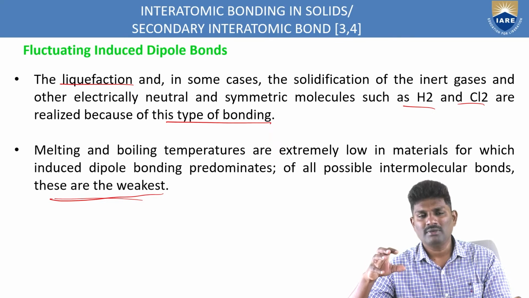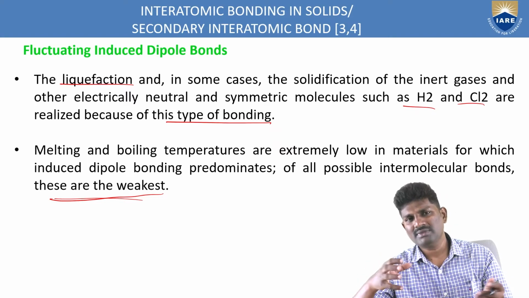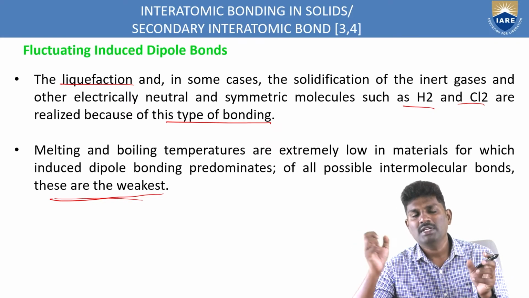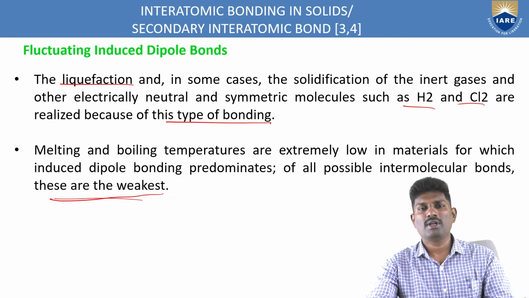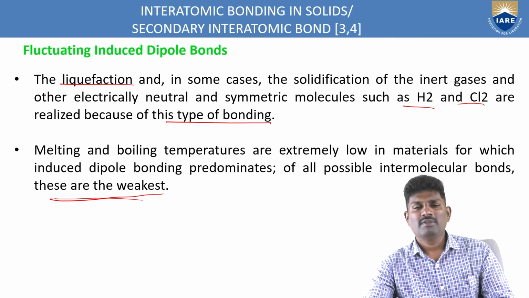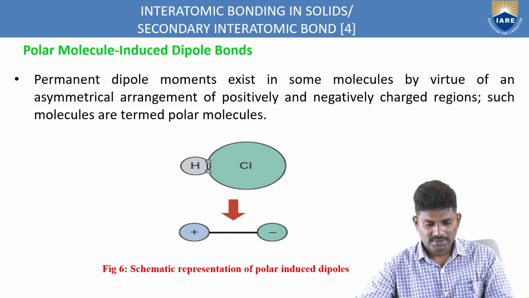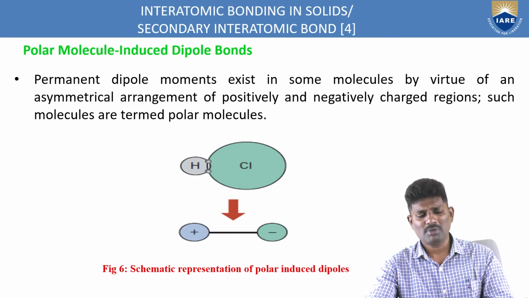So again the energy is dropping. If we don't have a good bonding when you compare with the metallic, ionic or covalent bond, because we are inducing some dipoles, you get less energy when you compare with the primary bondings. So that is about the fluctuating induced dipole.